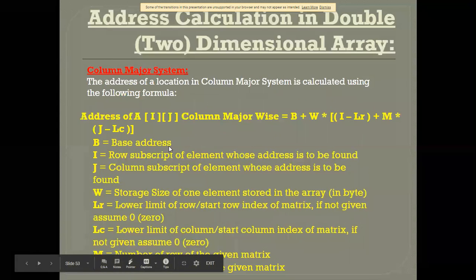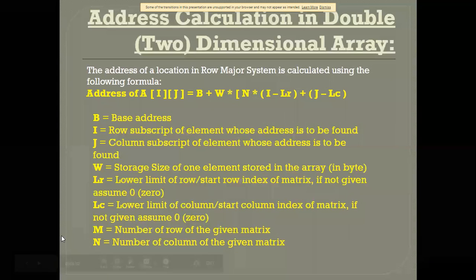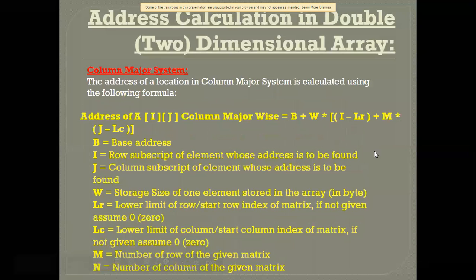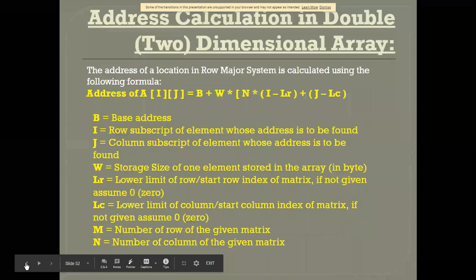Similarly for column wise, just focus on that. The same formula is given, slightly different. Instead of N, we are using M here. M means the number of rows in the given matrix. Again, I am revising.